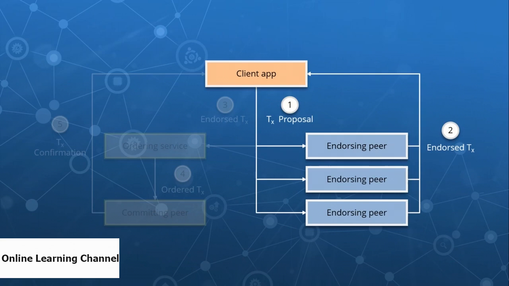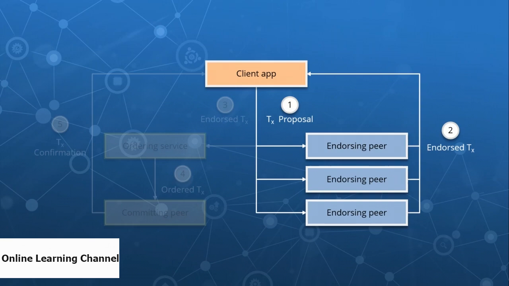The process starts off with a transaction proposal which the client application will send, and this will contain the required information to execute the transactions. That execution will be handled by the endorsing peers, which may choose to endorse the transactions depending on certain conditions, which we will just take a look at. Do note that there are usually a number of different endorsing peers, and each of them will send back their own endorsed transaction back to the client application.